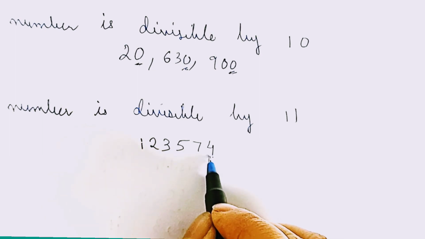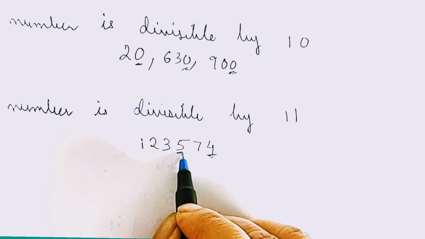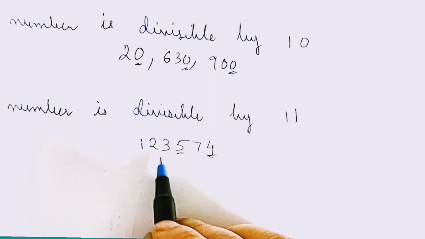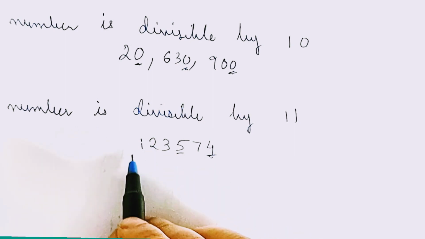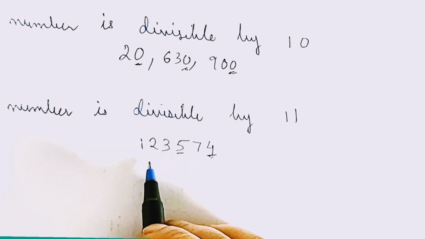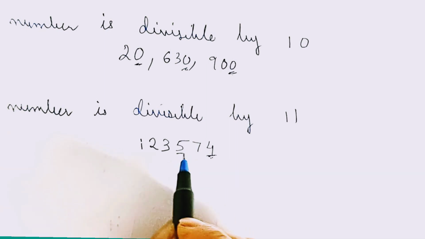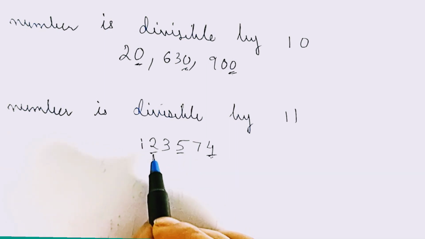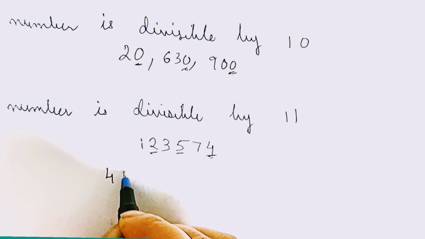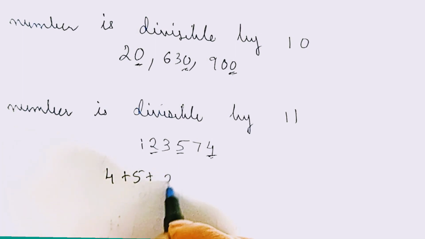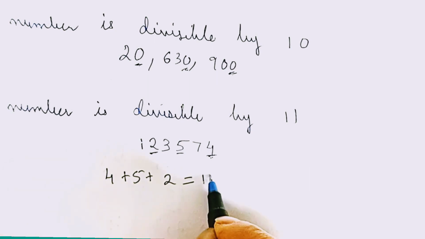Take the numbers in the odd positions. Starting from the unit digit, 4 I have taken, so next is 5, then 2. I will add these first: 4 plus 5 plus 2, then 5, 6, 7, 8, 9, 10, 11 is the answer.